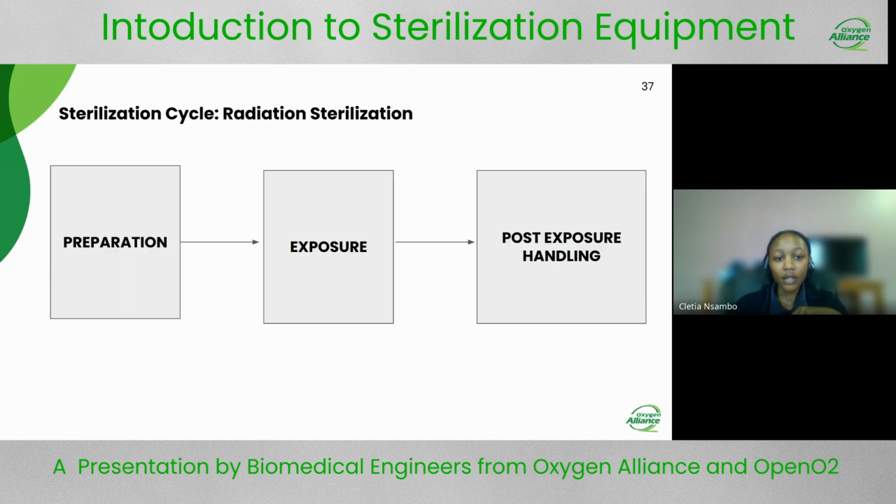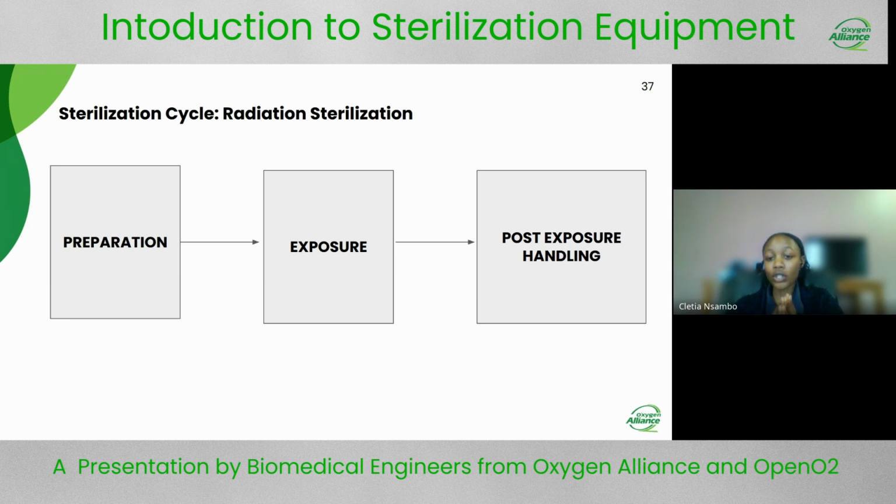And then we have the radiation sterilization. With this one, you're basically just exposing the items or products that need to be sterilized to radiation, any type of radiation that you have. Firstly, you need to prepare your items. Ensure that they are packaged right.